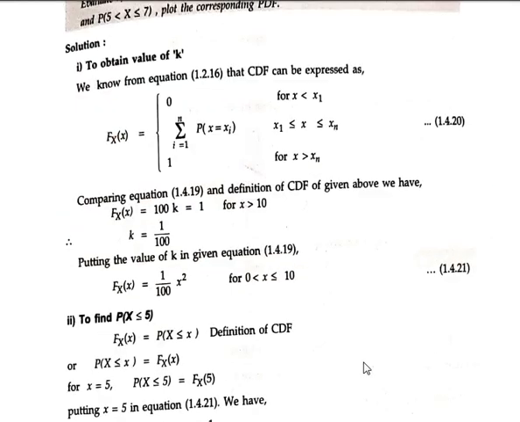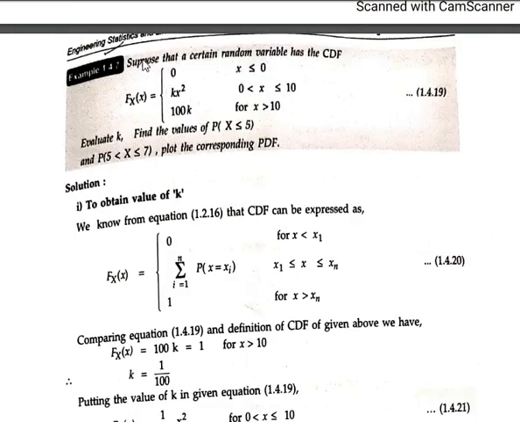The next problem is this one. Suppose a random variable has its CDF as fx of x equal to 0 when x is less than 0, k times x square when x is between 0 and 10, and 100k for x greater than 10.